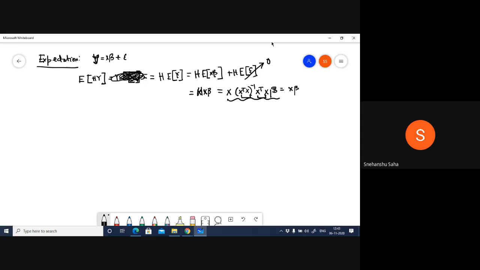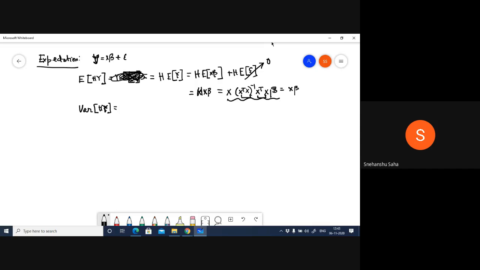Now the next one is the variance. Sir, how did we write that the expectation of x beta is x beta itself? Think of x beta as m.